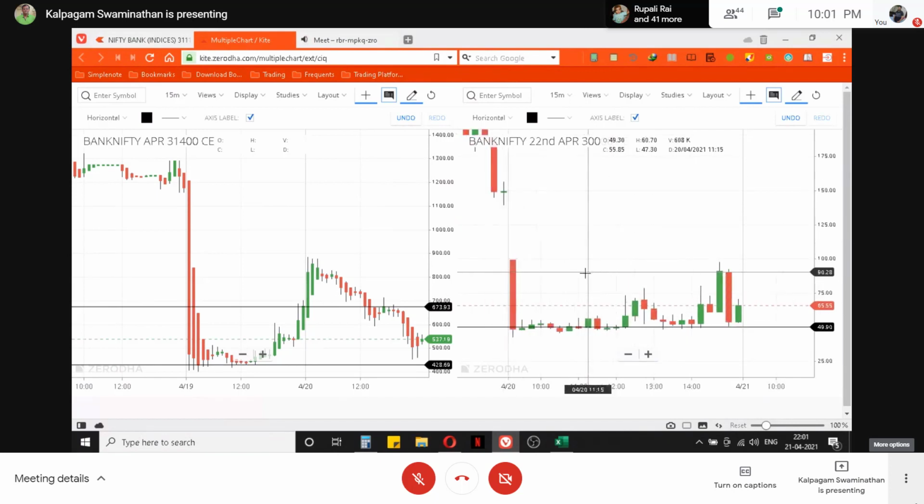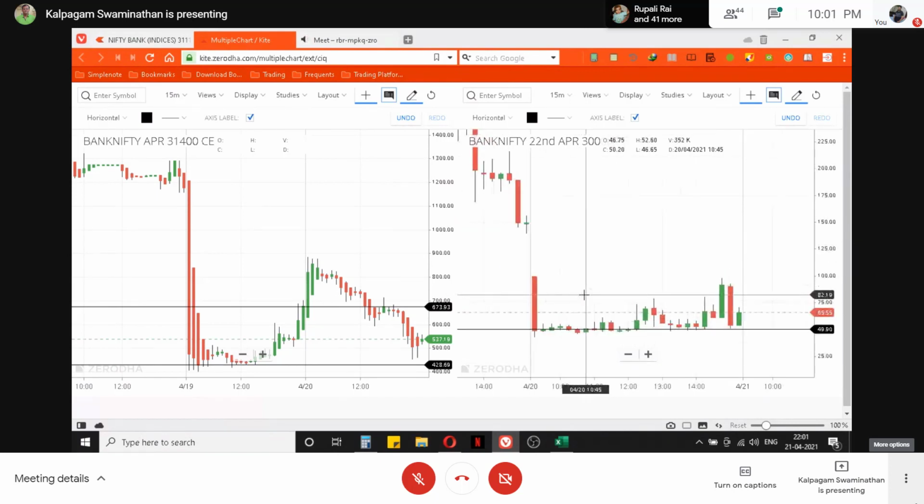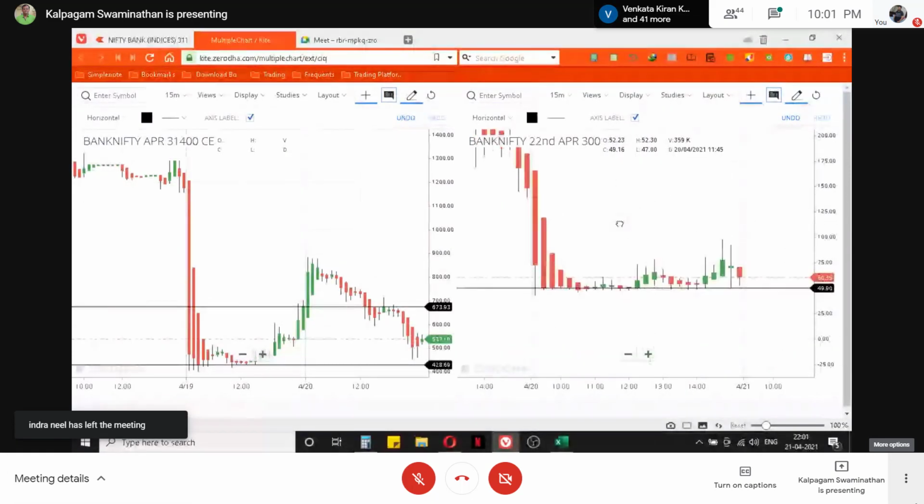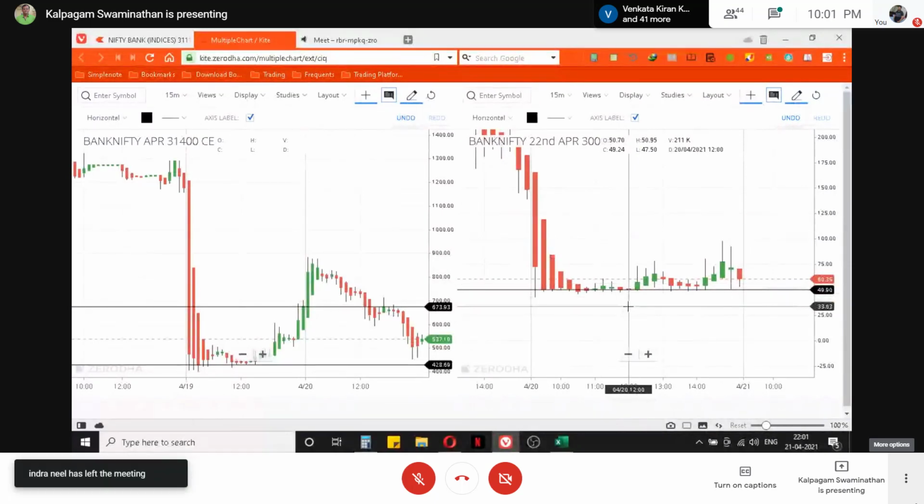Able to see it, no? This candle's low was broken by this red candle. Then I had another opportunity to enter. Where did I find that opportunity? Again on HeikenAshi, at around 12 o'clock.